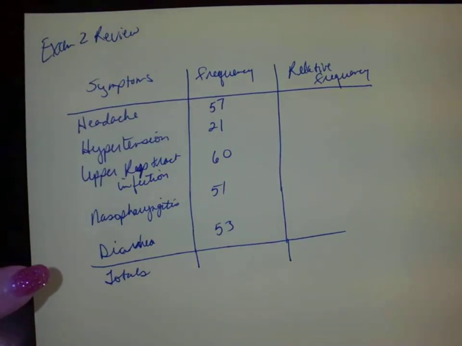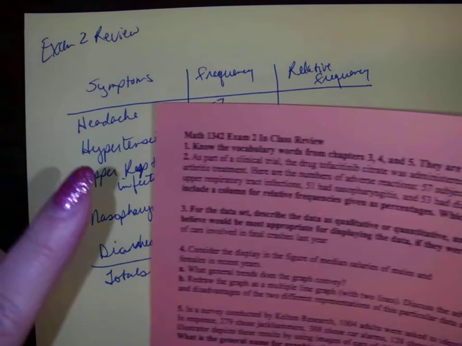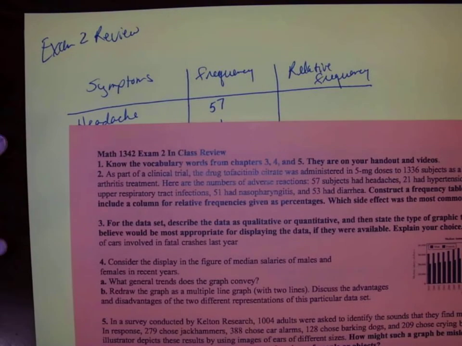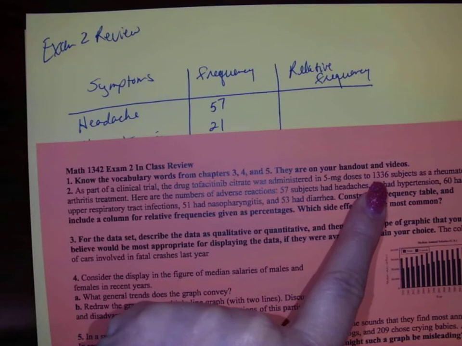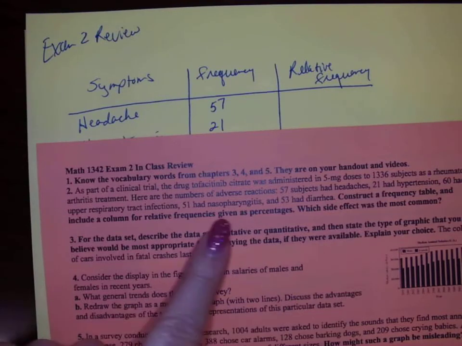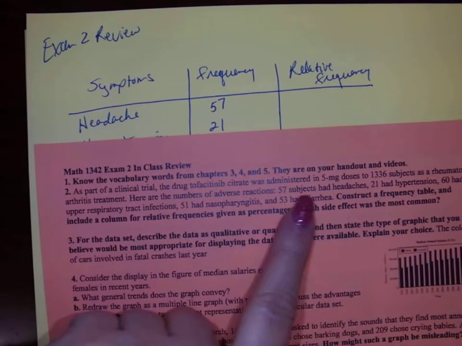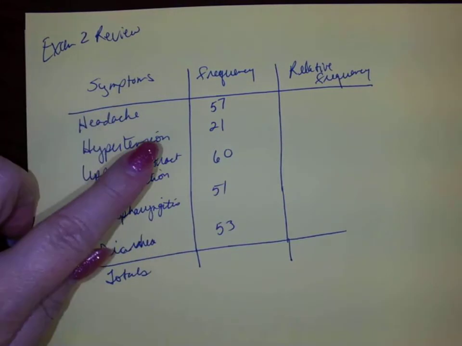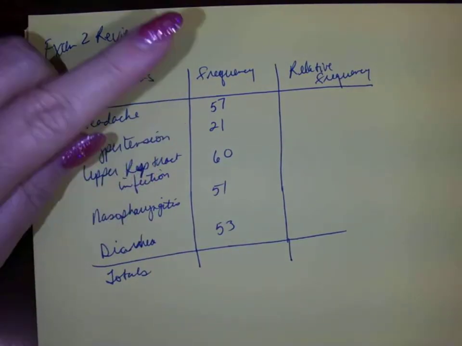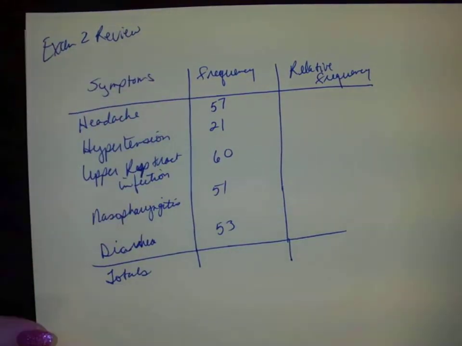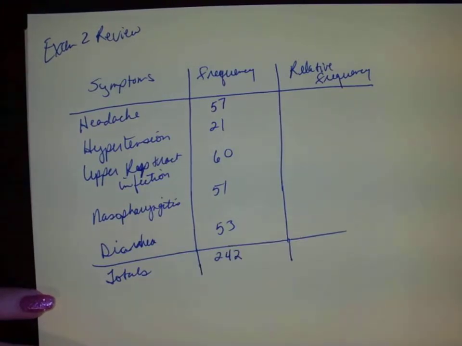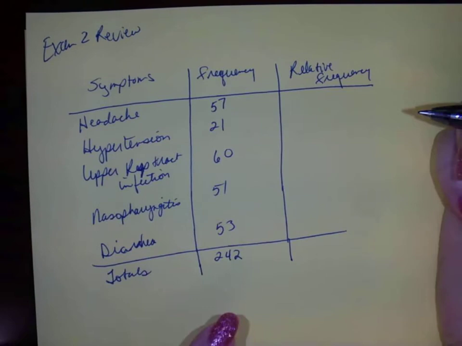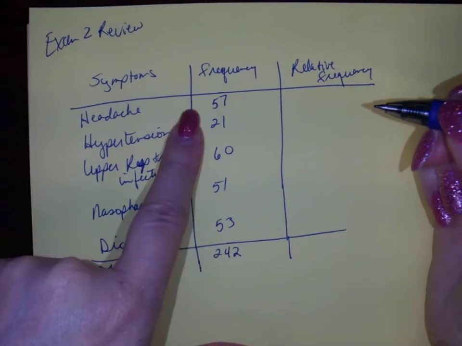Did it say? It doesn't say what our total is. Sometimes we get a total, right, when we've done some of these. It just said we had a total of 1,336 subjects, but it didn't say what the total is that we had. So you're going to need to make sure that you add these correctly. Use your calculator. It should be a total of 242 symptoms that occurred. So that we need because we have to be able to do the relative frequency.